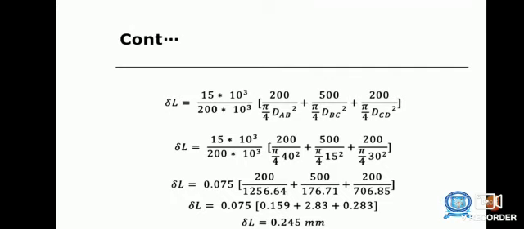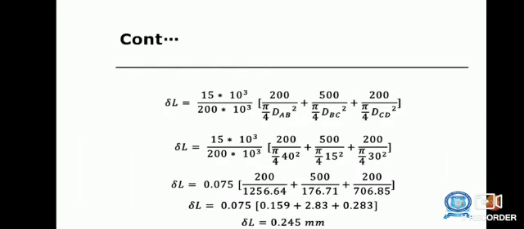Simplifying these values, the change in length del L is equal to 0.245 millimeter. So the unit is millimeter, and we have found the total elongation: change in length del L is equal to 0.245 mm.